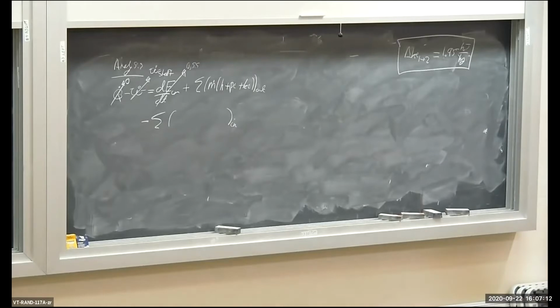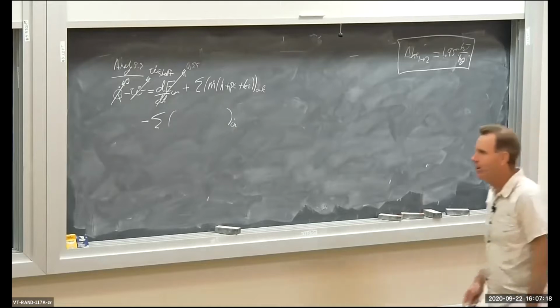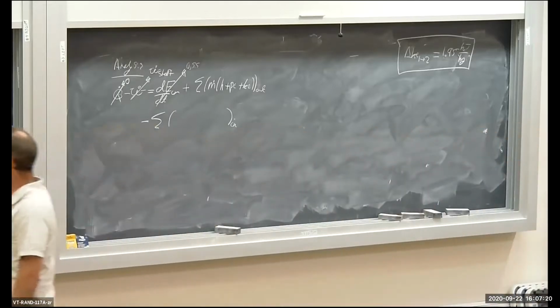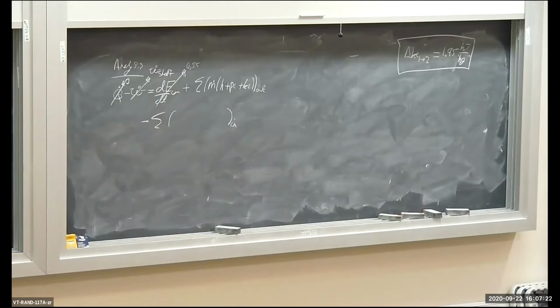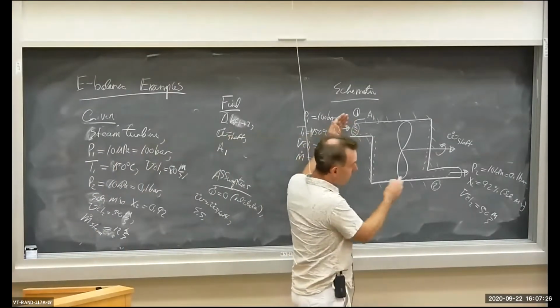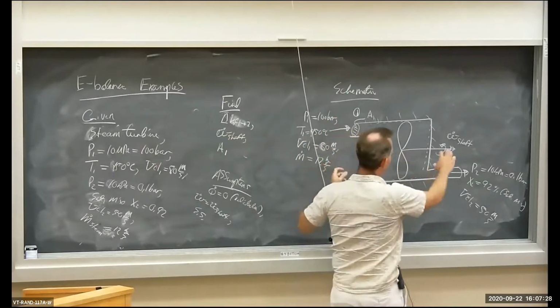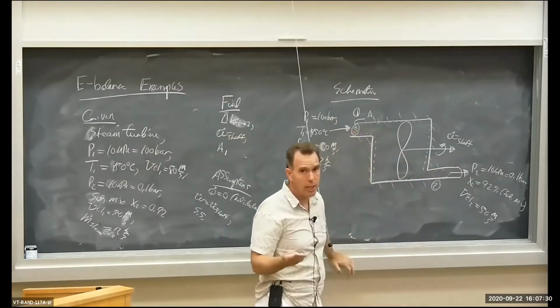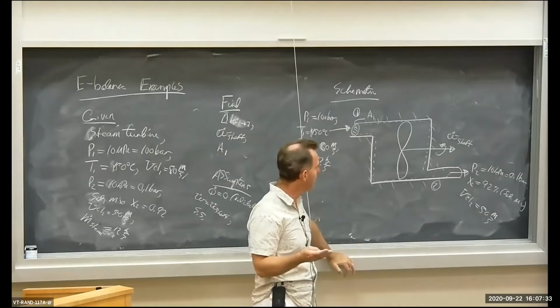I'm also going to neglect the change of potential energy of the steam as it flows in and out of the turbine. I have no way to figure out what the average height is for the inlet and the outlet steam. Maybe there's no change in height. I don't know, depending on how the plumbing is done. Certainly, steam is not very dense. It has a very low density.